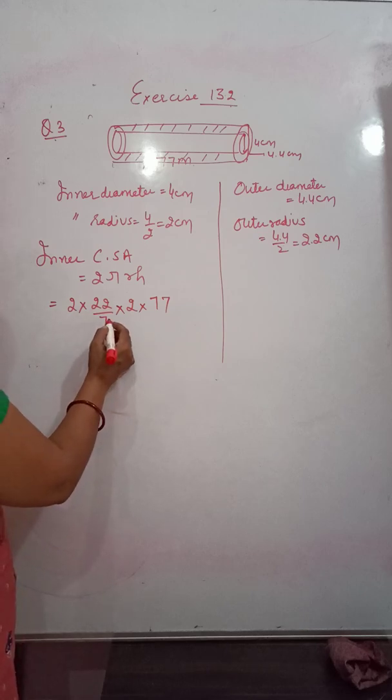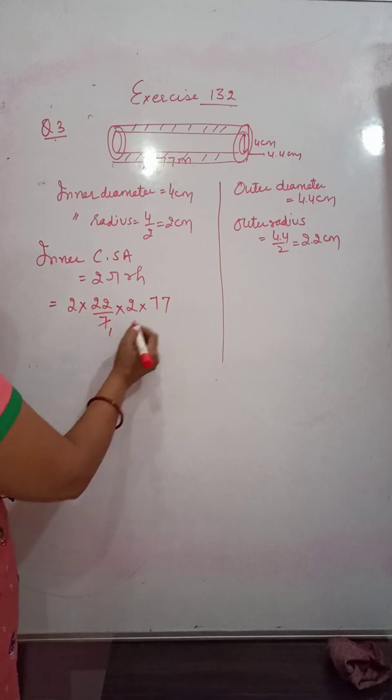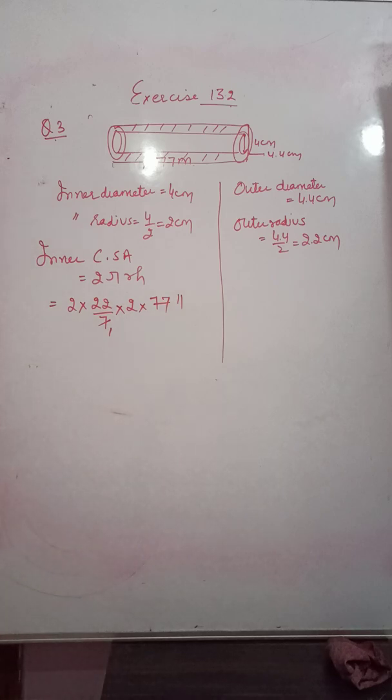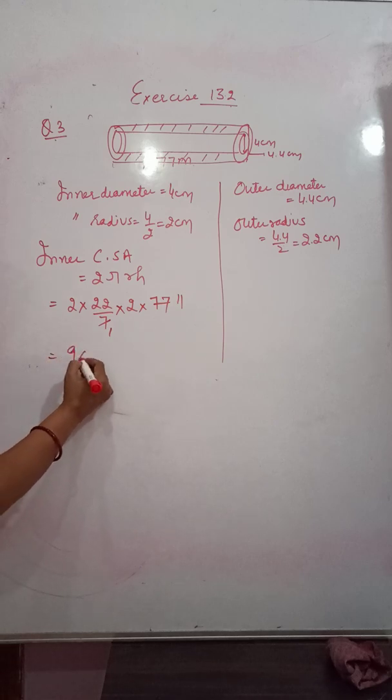So what will you be getting? 7 ones are 7, 11 sevens are 77, so 22, and this 22 multiplied by 44. So what will you be getting? We will be getting 968 centimeter square.